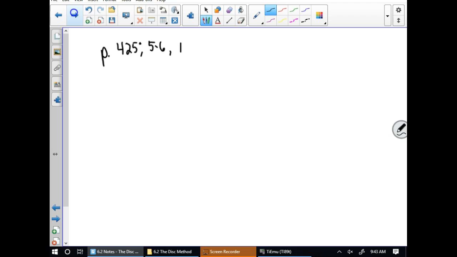And then 13 through 16, but I only want you to do any of them that say for the x or the y axis only, because there's a few there, like it's got a part A, B, C, D, and they'll ask you to rotate around like the line x equals 1 or y equals 2, so you can skip those parts. And then I want you to do 43 through 49 odd.